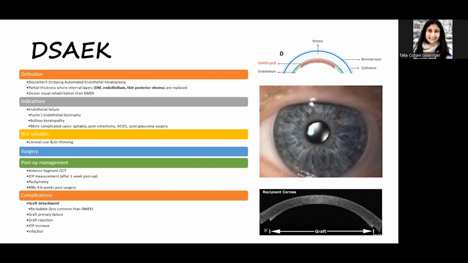It's also because of the surgical techniques, the DSEK is easier to handle in an eye that has had multiple surgeries. It's not suitable for eyes that have any corneal scar or any thinning, just because it's only treating those inner layers.